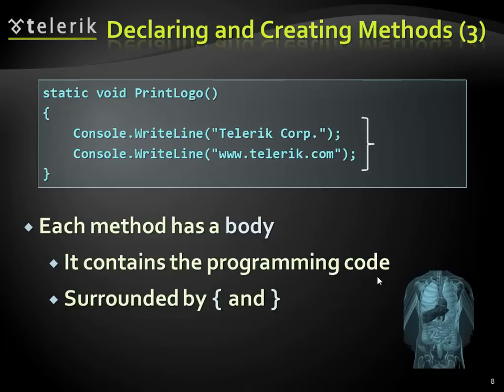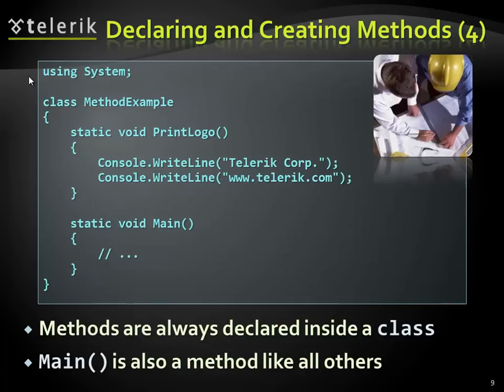So this is our block, and once we enter the method, this block of code will be executed in its order. Once it's finished, we go back to where we called the method. So here we have an example of our class. This class is our program main structure, just like we've been using.